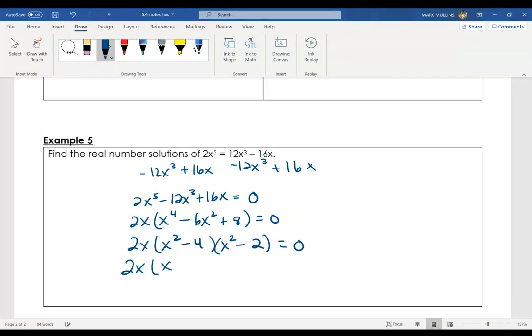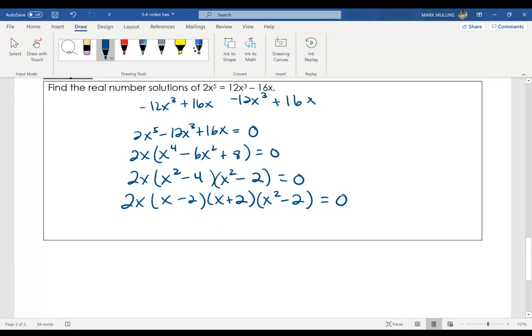So I'll have 2x times the quantity x minus 2 times the quantity x plus 2 times the quantity x squared minus 2 equals 0. So now I'm all ready to do zero product property. So remember this one, my goodness, I have 1, 2, 3, 4 parts. I'm going to have 4 equations: either 2x equals 0, or x minus 2 equals 0, or x plus 2 equals 0, or x squared minus 2 equals 0.